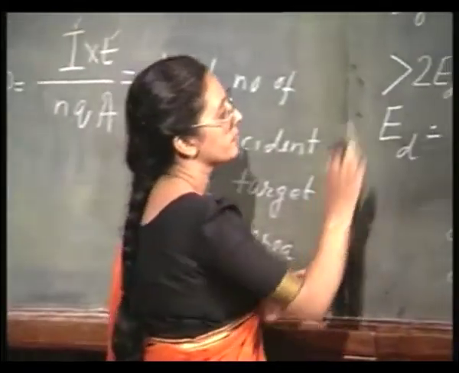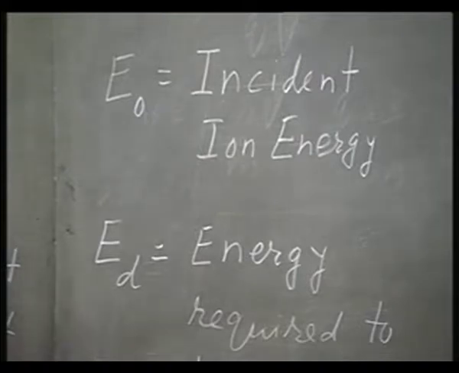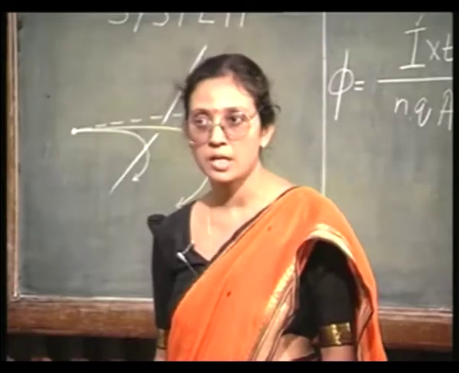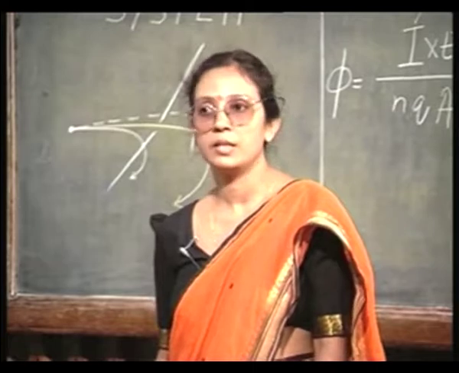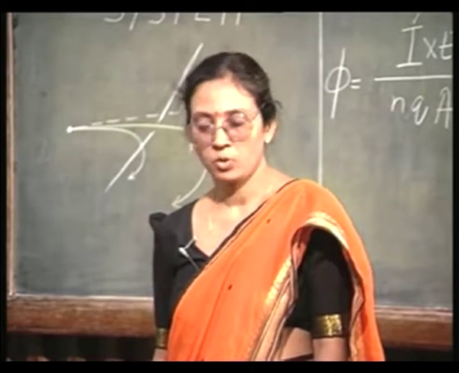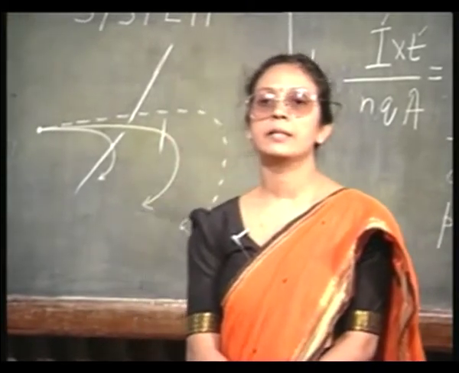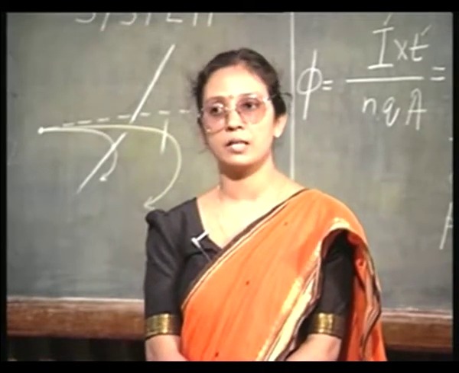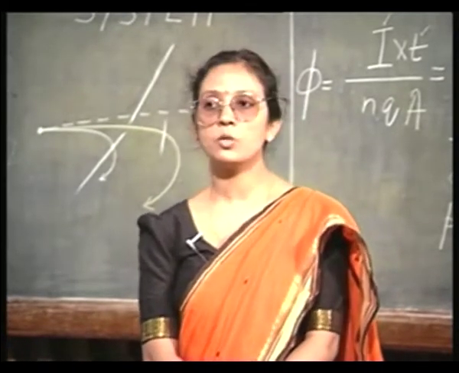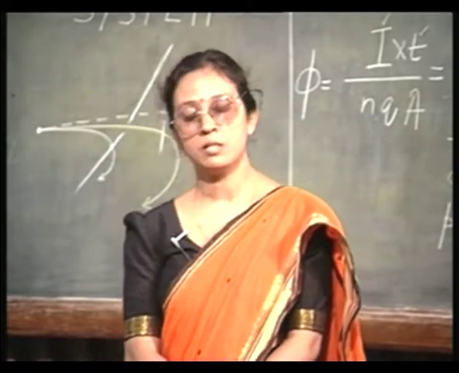So, the relationship between the incident ion energy and the energy required to dislodge a host atom will tell you how much damage there is going to be. Okay. So, on an average you can say that the number of displaced atoms per incident ion will be given by E0 by twice ED.